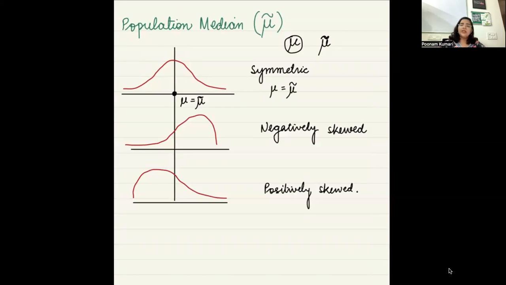Very nice. So basically what is happening here? Because this data is symmetric, that means whatever is on the left side, exactly the same pattern is being followed on the right side, right? So if you try to find the median, what is median? The central value, right? The midpoint, right? So midpoint will be here only, right?